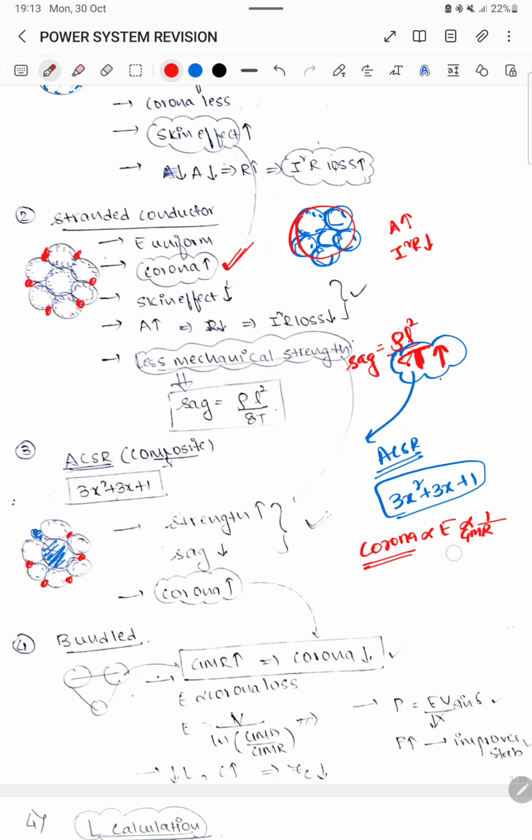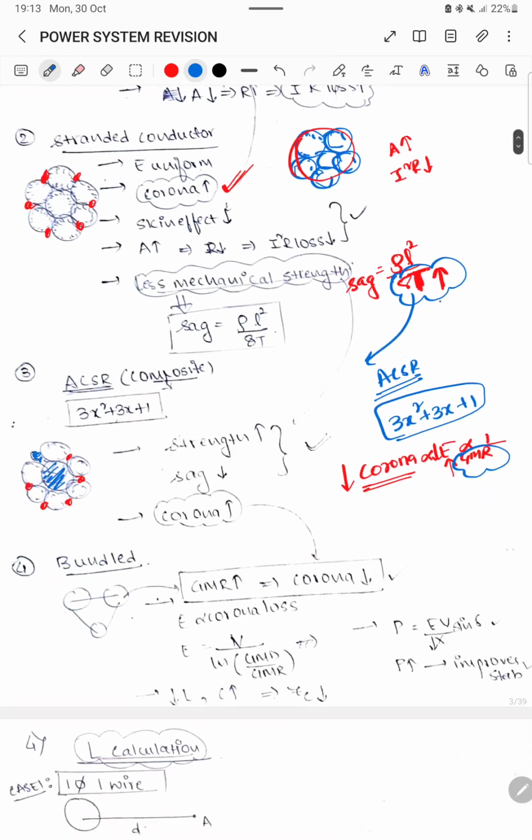So if we increase the GMR, E would go down, and in effect the corona loss would go down. So to increase GMR, basically we do bundling of conductors, causing GMR to increase, E to reduce, and corona to reduce.